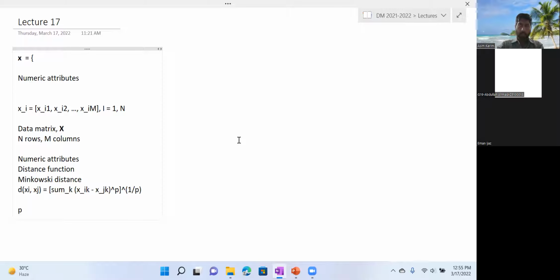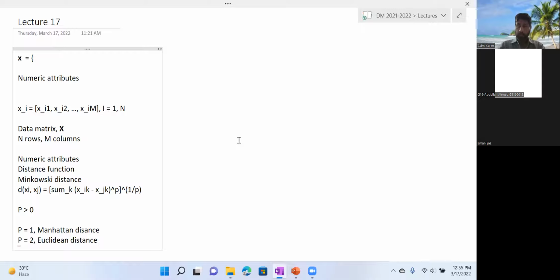And of course, p is in general greater than 0, not even equal to 0. And usually the common p's that we have: p is equal to 1, this is called the Manhattan distance. p is equal to 2, this is often called the Euclidean distance.